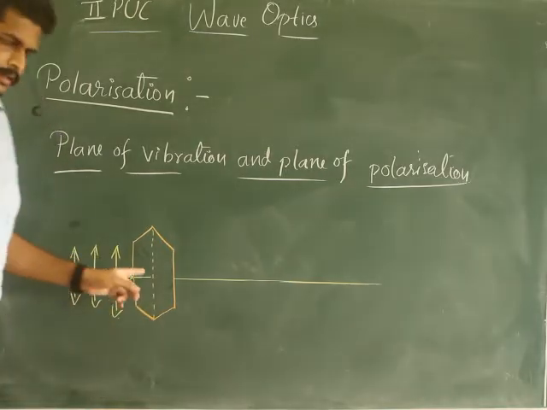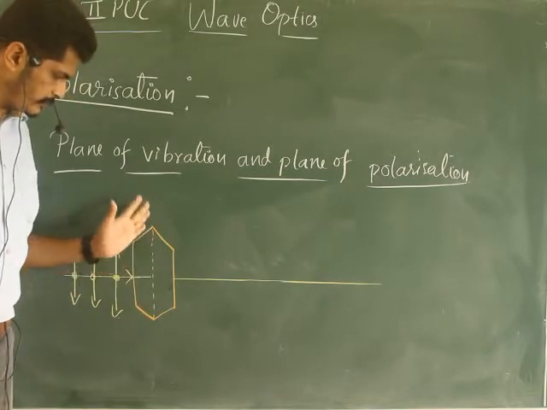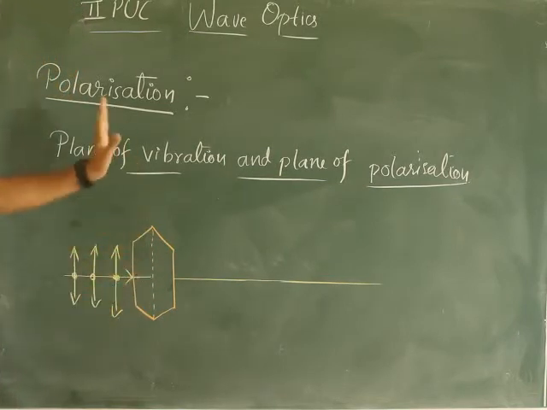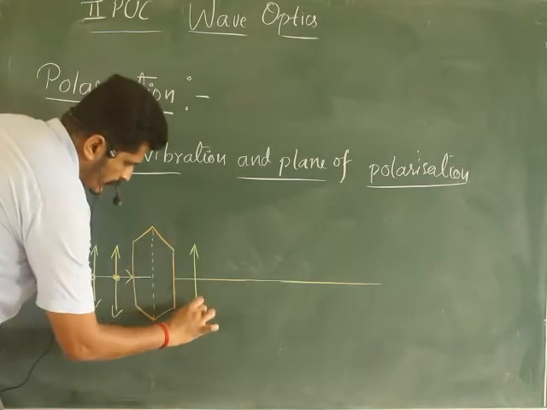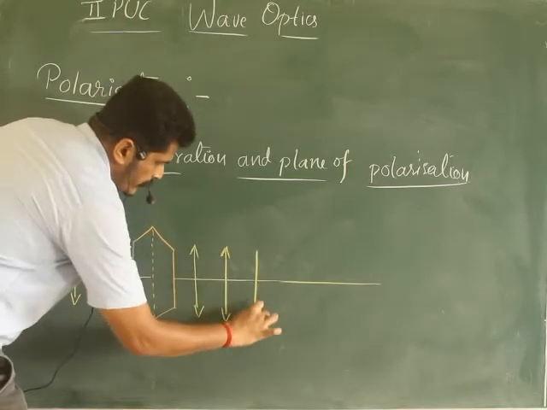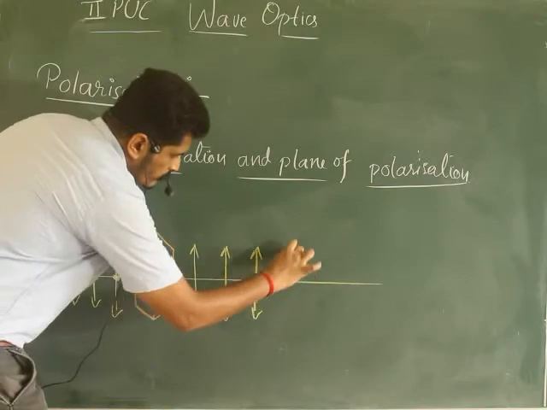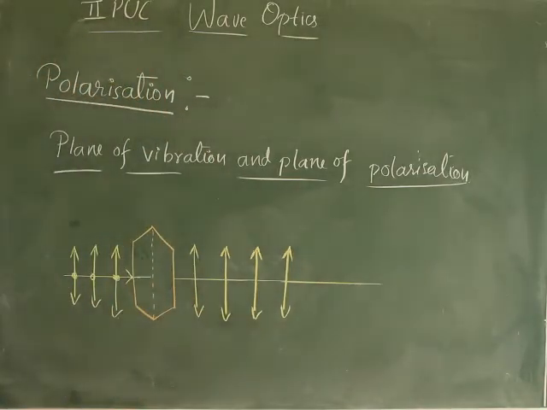Now we know that the tourmaline crystal is kept in such a way that its axis of polarization is vertical. So only vertical vibration light will come out. Horizontal is cut off or restricted or confined. Yes, see, only vertical will come out.